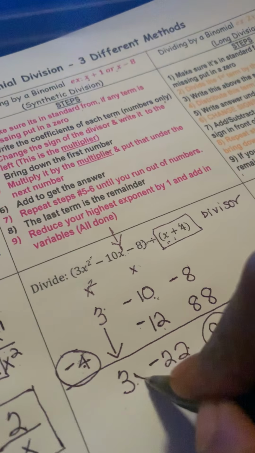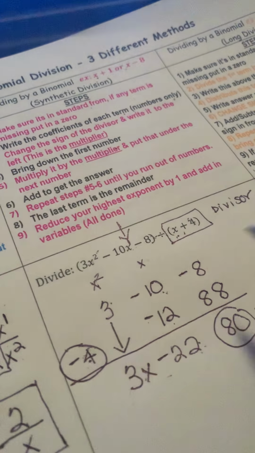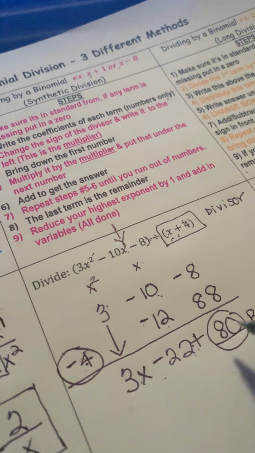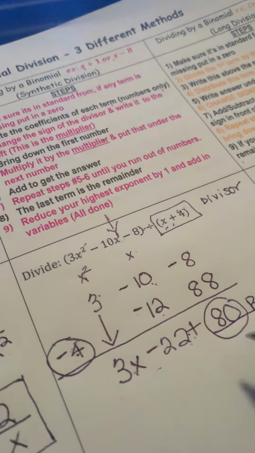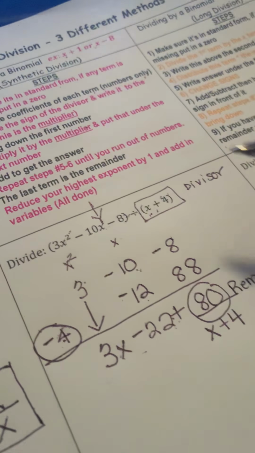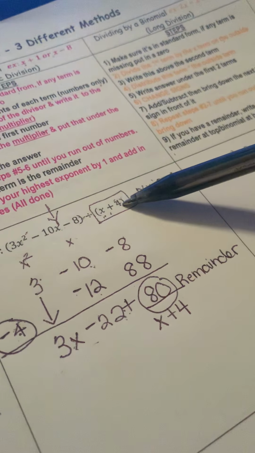So this answer is 3x minus 22 plus 80 over what you started with, which is x plus 4. Anytime you have a remainder, you just write it over whatever you started with here.